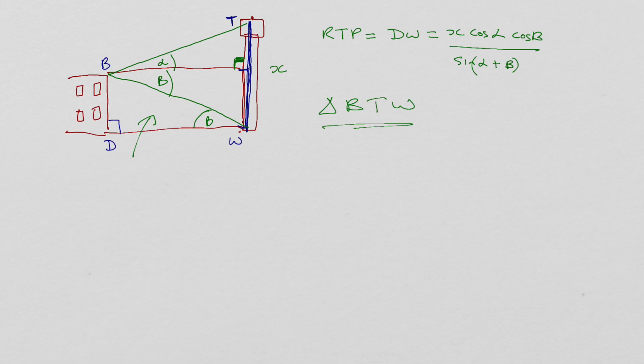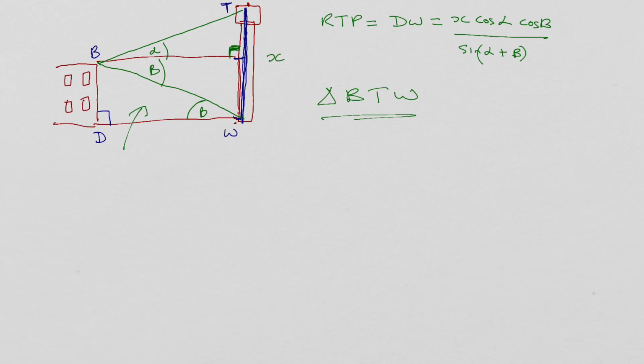So to get started with this, we're going to work in the right angle triangle. So I'm going to say BW is equal to, well, we're going to work in the main triangle here.